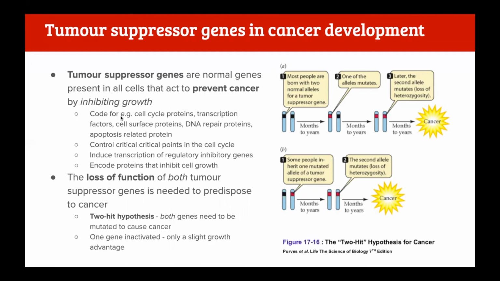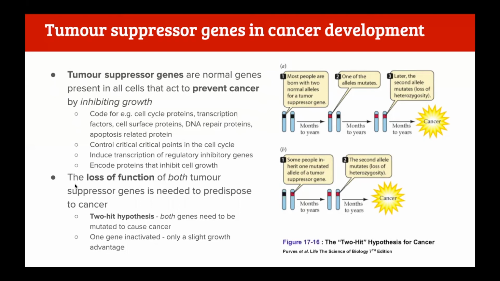Tumour suppressor genes code for things like cell cycle proteins, transcription factors, cell surface proteins, DNA repair proteins, and apoptosis-related proteins. They control critical points in the cell cycle and induce transcription of regulatory inhibitory genes. And they also encode proteins that inhibit cell growth.